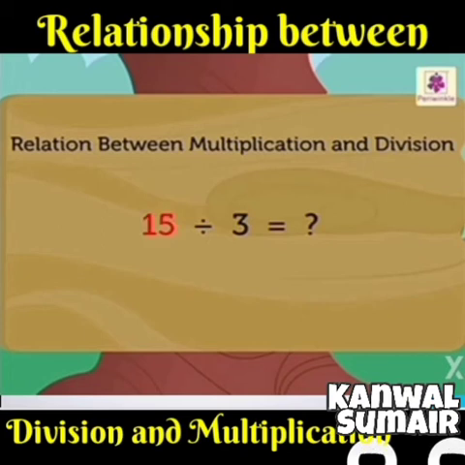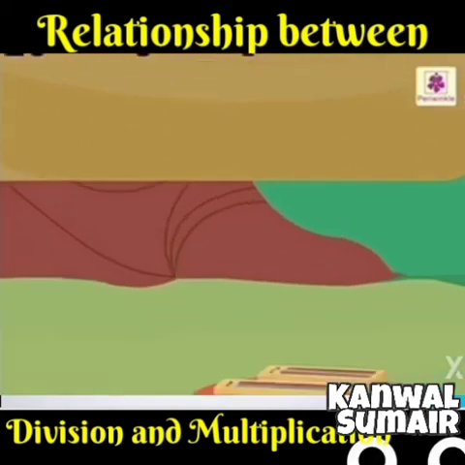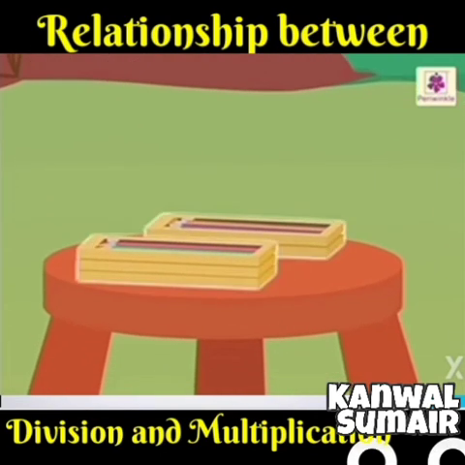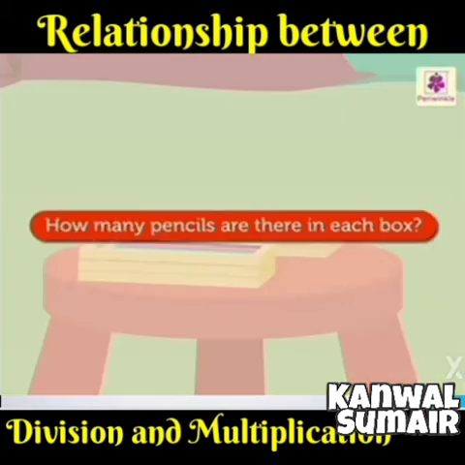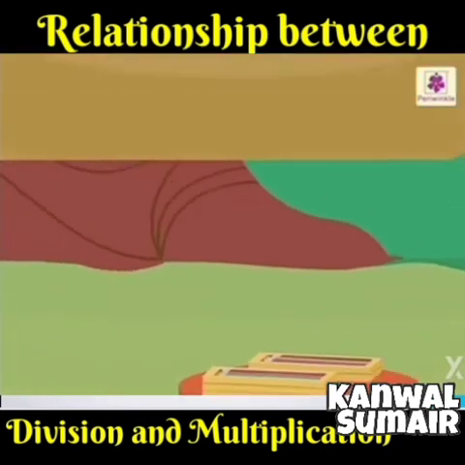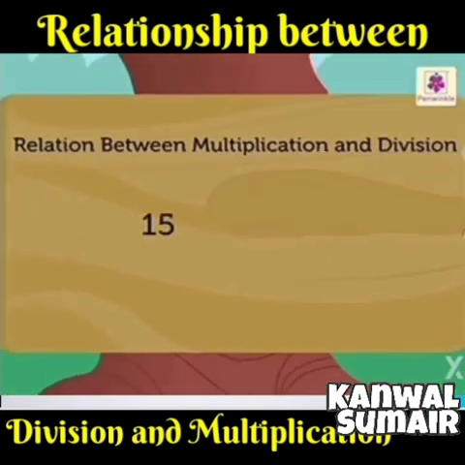Therefore, 15 divided by 3 is equal to 5. Given that there are 5 boxes and 15 pencils, how many pencils are there in each box? Here we divide 15 by 5 to find the quotient. So, 15 divided by 5 is equal to 3.